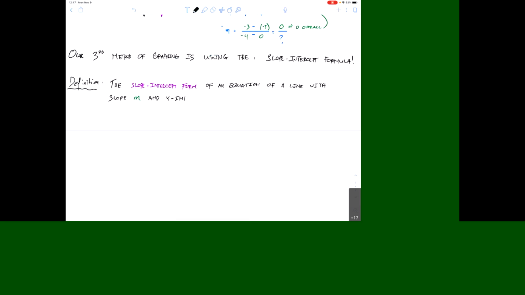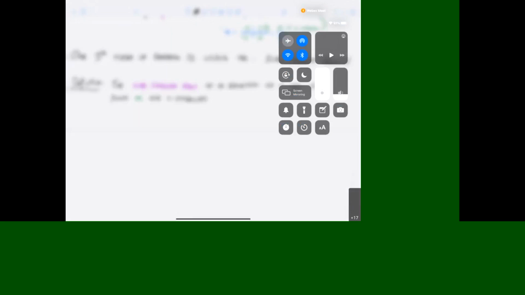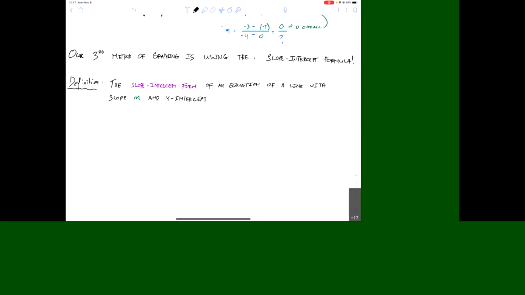So notice how we're only pulling the y-intercept, right? And again, you may have said, well, what do you mean by y-intercept? Well, we defined that, right? We defined it in the sense that when we were graphing with intercepts only, you knew that the y-intercept was the one that had a 0 in the x spot or x coordinate and a number that wasn't 0 on the y coordinate. But I'll still color code it here.